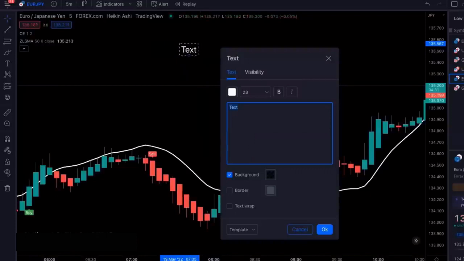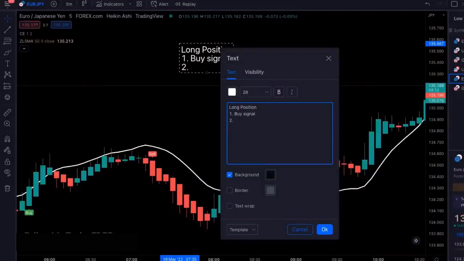So when you're looking for a long position on here, the first thing you need to do is make sure that you've got the buy signal.